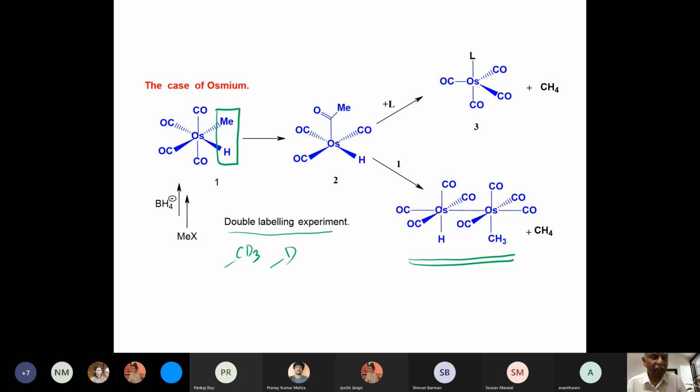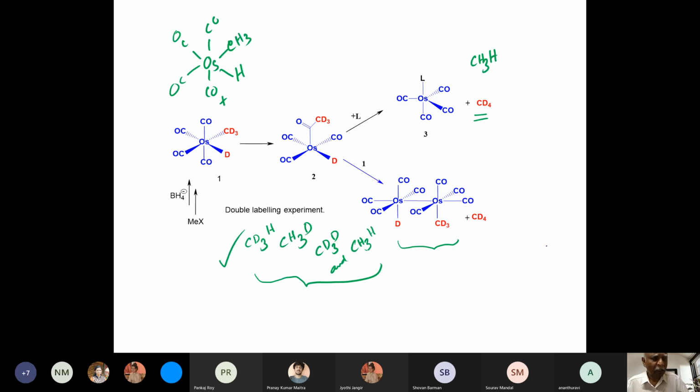And they studied it with osmium. They did double labeling experiments in order to show that, in fact, it is possible to have such type of dinuclear species from which elimination was happening. So what is this double labeling experiment? Similar to what I told you just now, you take equal amounts of methyl hydride species and CD3D species.